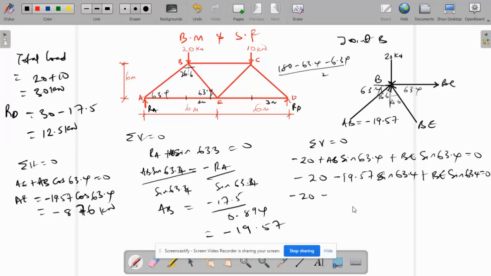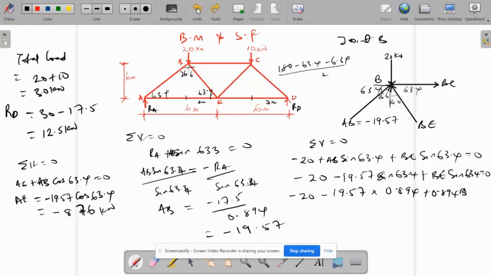The value of sine 63.4 is 0.894. We're going to have 19.57 times 0.894 plus 0.894 BE.